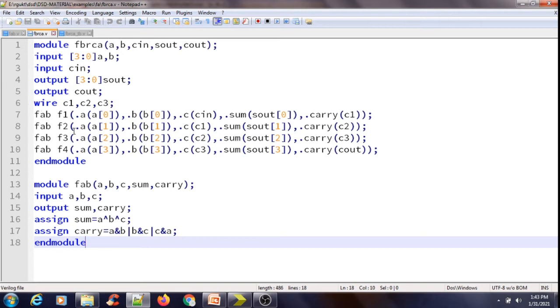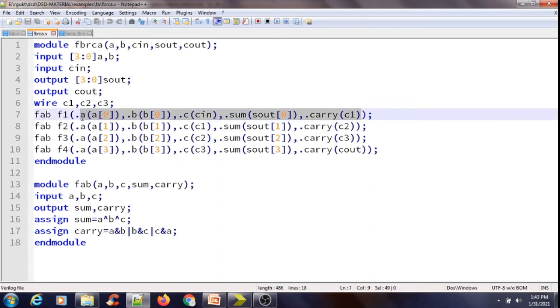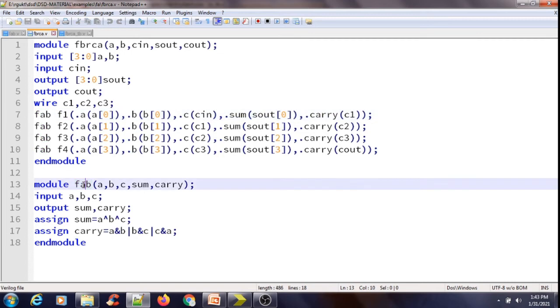So for the number of single-bit full adders, I have to instantiate them in the module definition of the 4-bit ripple carry adder in this manner. So 4 copies of FA I have generated, and the order I am following here should match the order in the definition of your FA. The definition of your FA is present here.